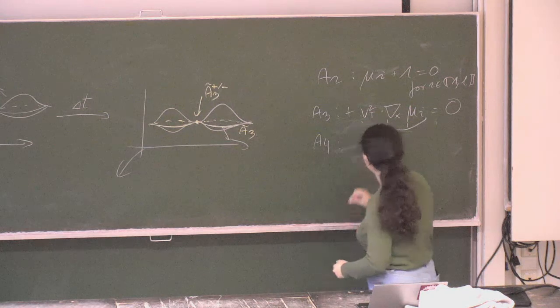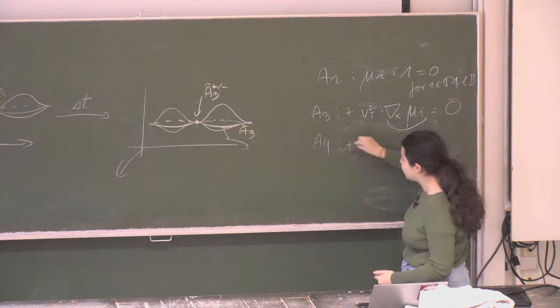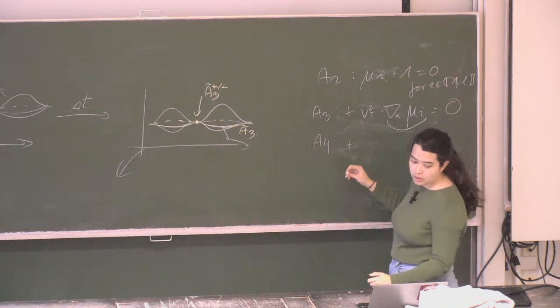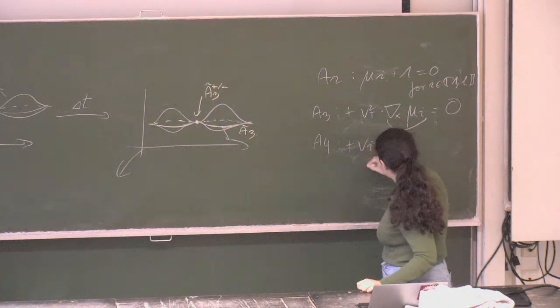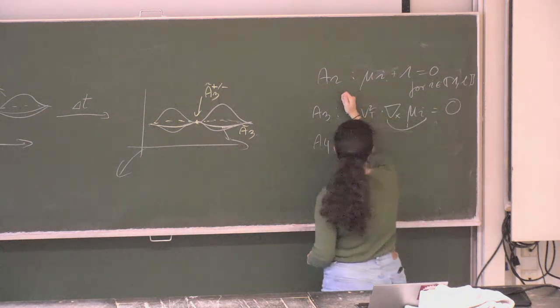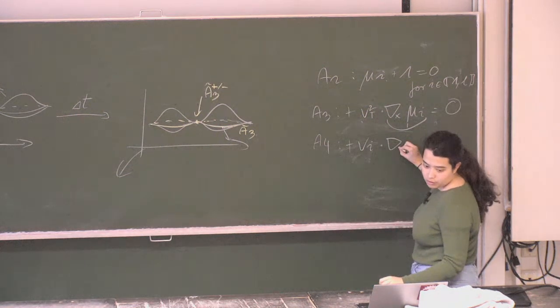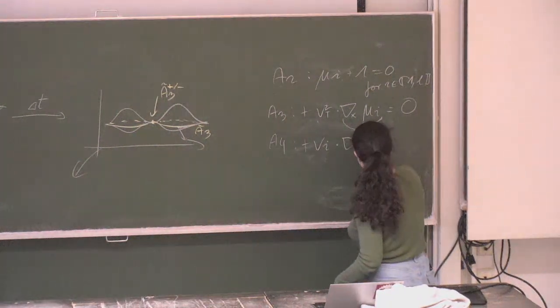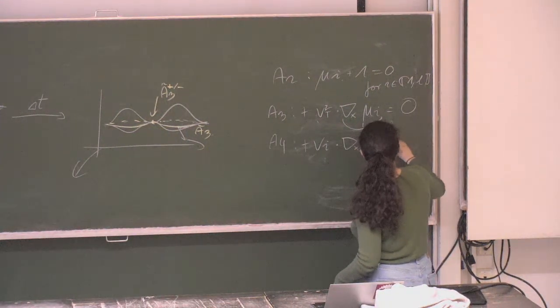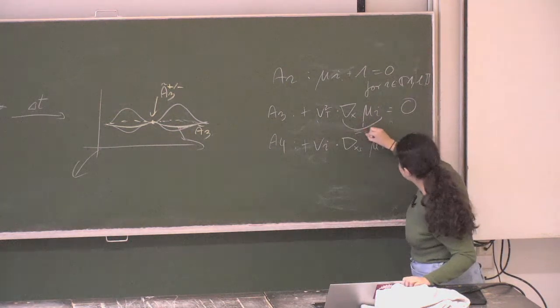So in the case A4, I say, well, I want this condition to be fulfilled, but additionally, I want, again, my eigenvector Vi to be orthogonal to the, and mu II is exactly this.